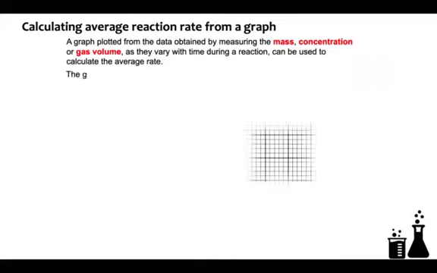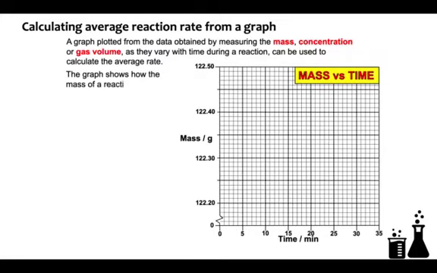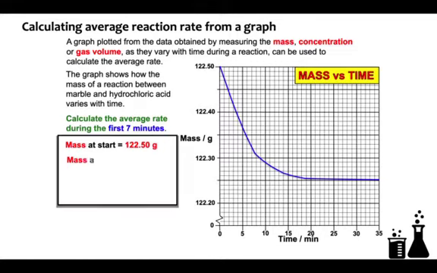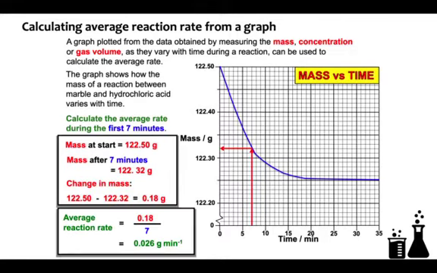So how do you actually calculate an average reaction rate from a graph? Okay. So I've got here an example of mass versus time.